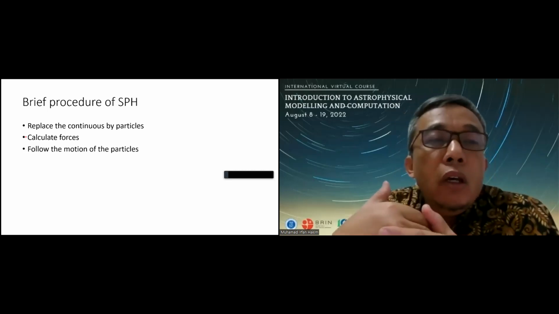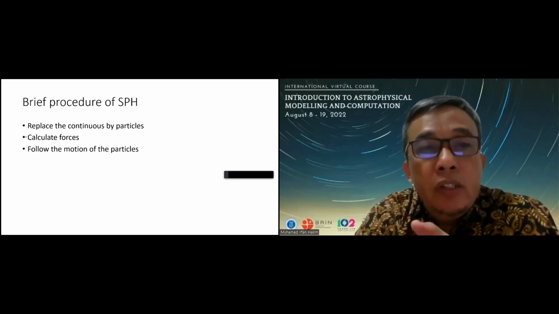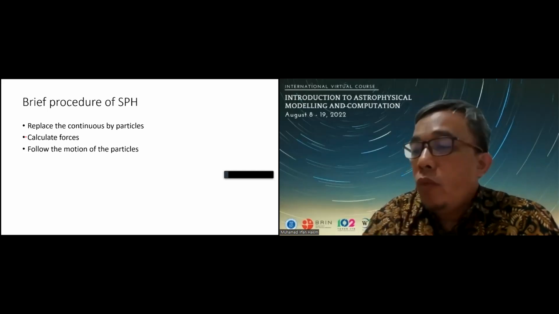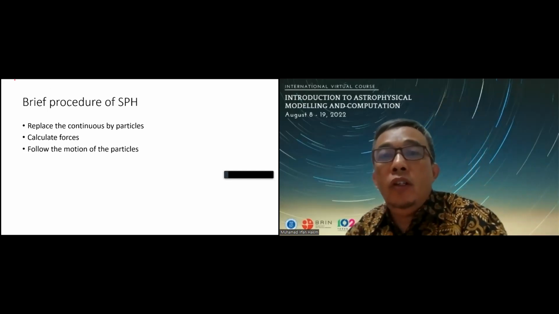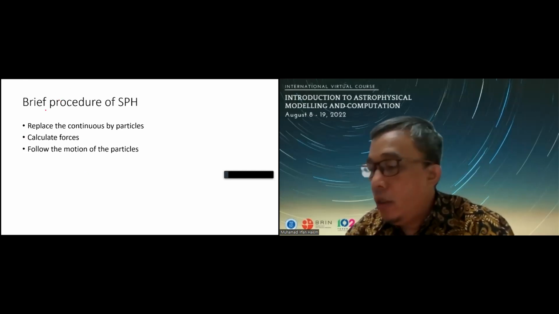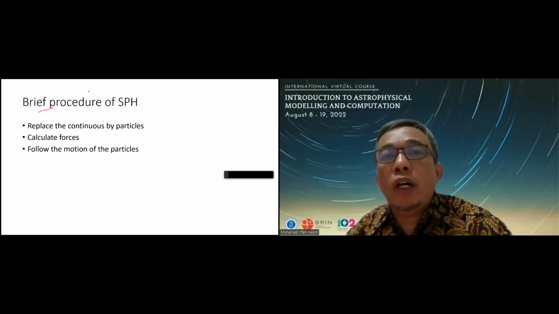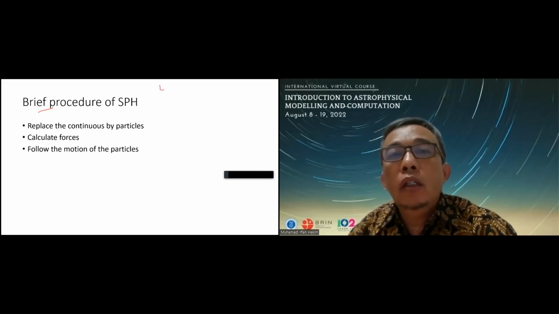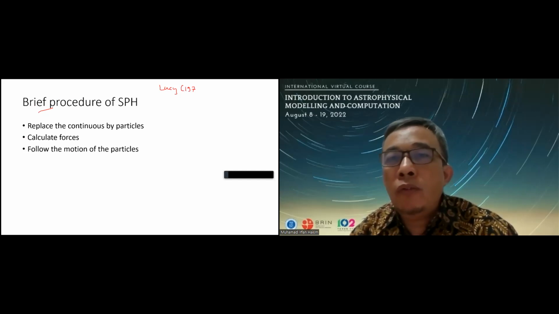Then we have to calculate forces. So in the original version, this SPH was introduced by an astronomer, Lucy, I think, in 1970, maybe 70.